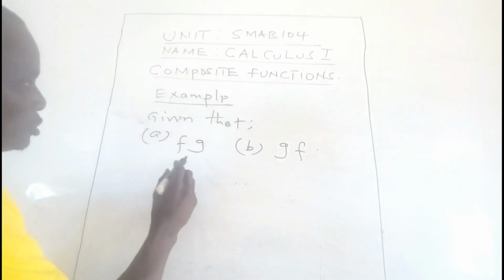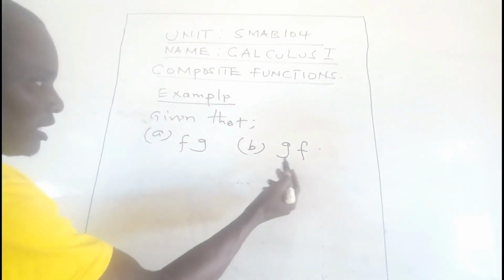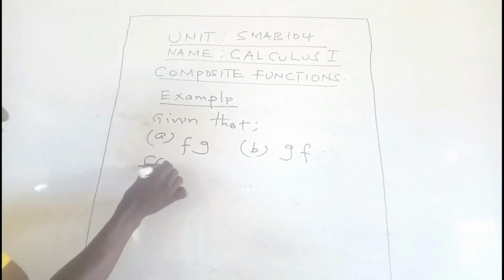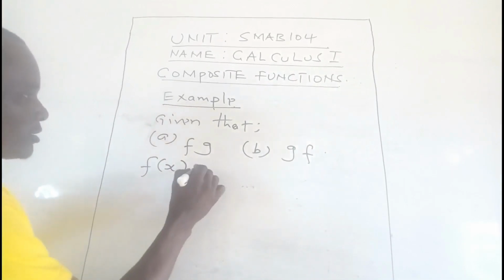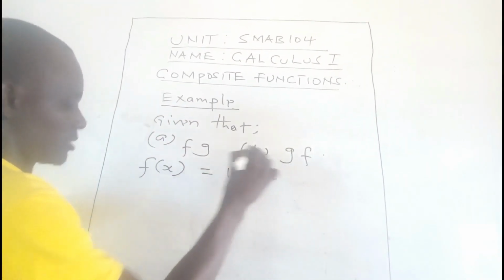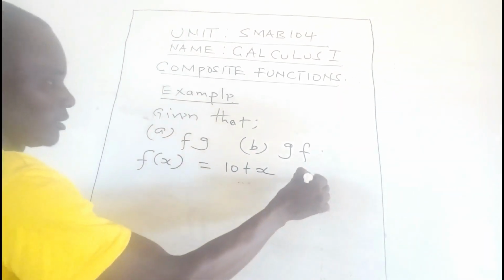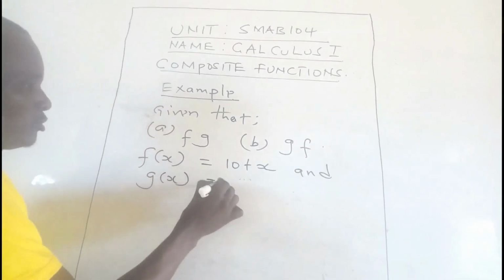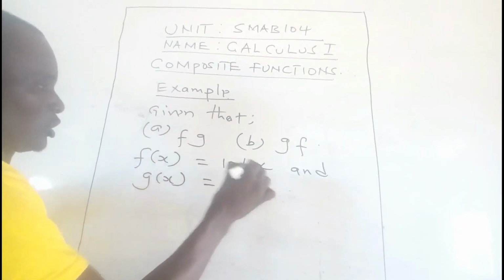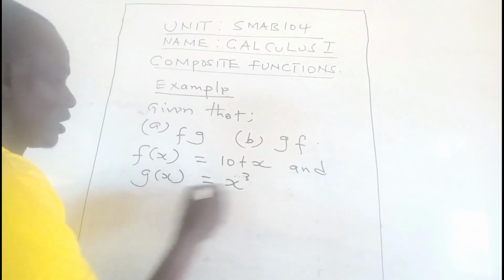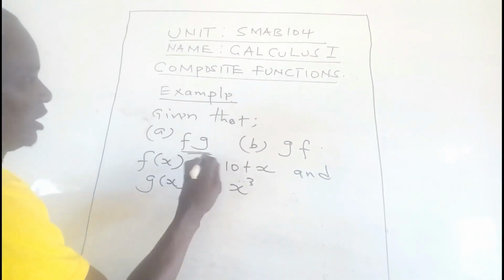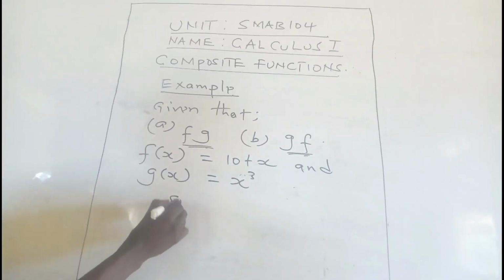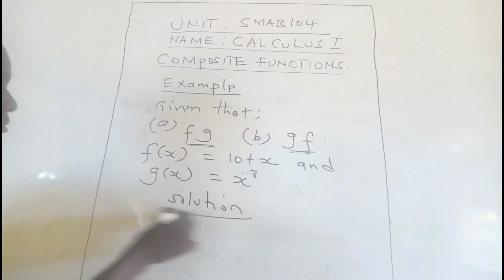So we want to look for fg and then gf, and the functions given here are f of x equals 10 plus x, and g of x equals x cubed. Now, how do we find fg and gf? So let's start with the solution to these questions.